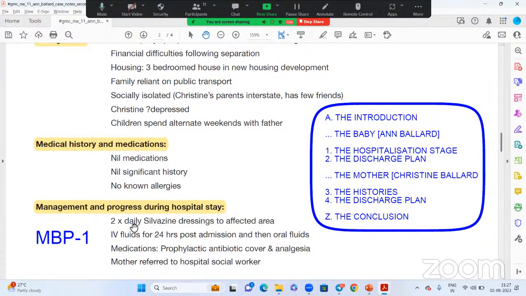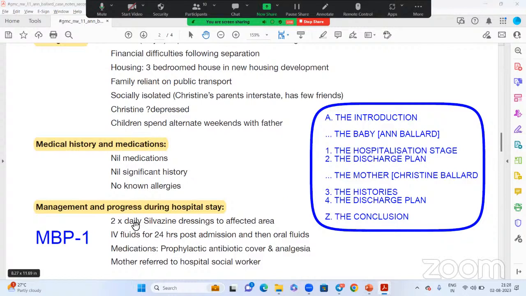Silvazine dressings, IV fluids, prophylactic antibacterial cover, all these things related to baby, and mother referred to hospital social worker. You need not write about this. Okay, so you are going to write only about the baby, so you have to be very careful.